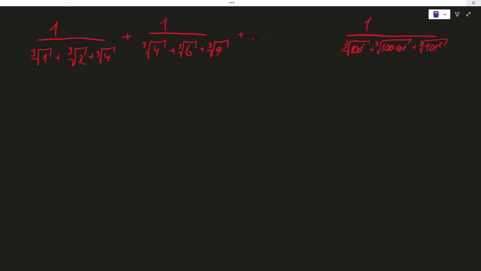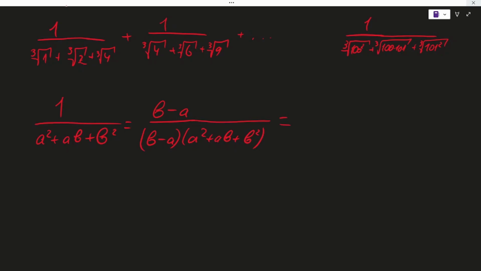In this problem, we will use the factorization that 1 over a squared plus ab plus b squared can be written as b minus a divided by b minus a times a squared plus ab plus b squared, which is exactly the factorization of b cubed minus a cubed.